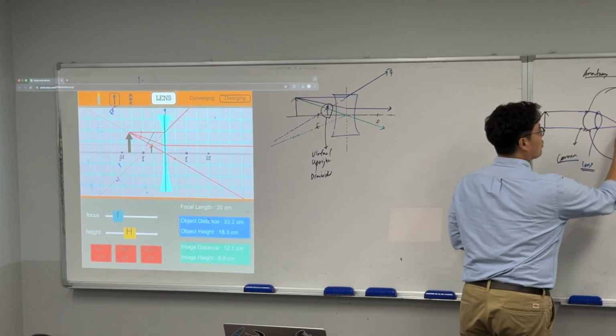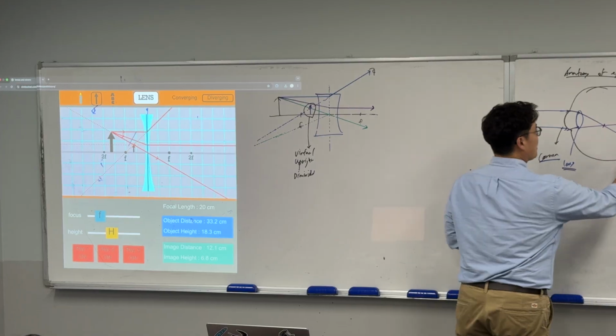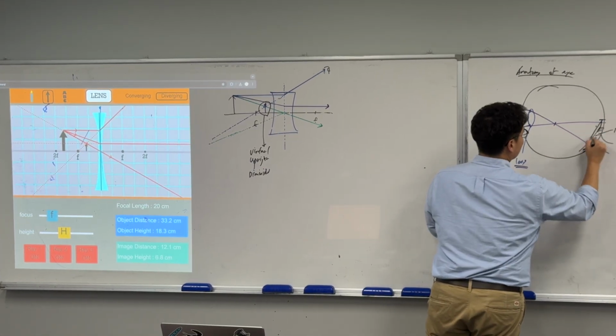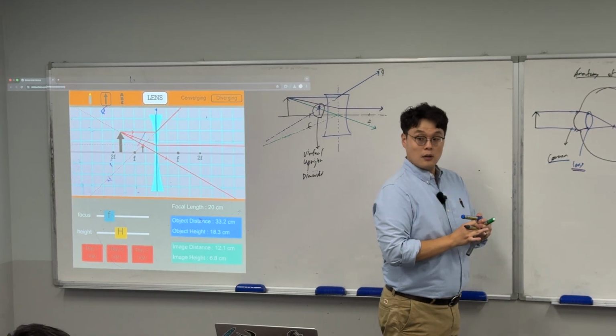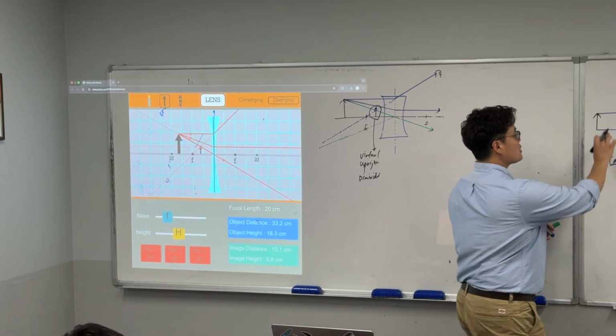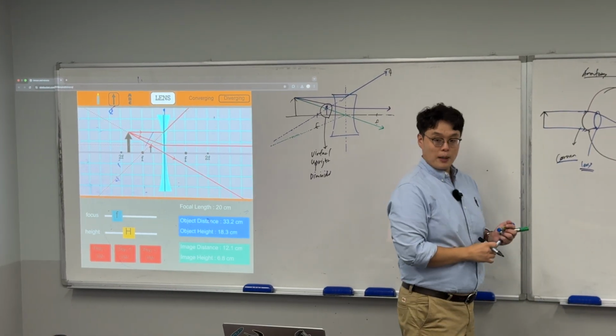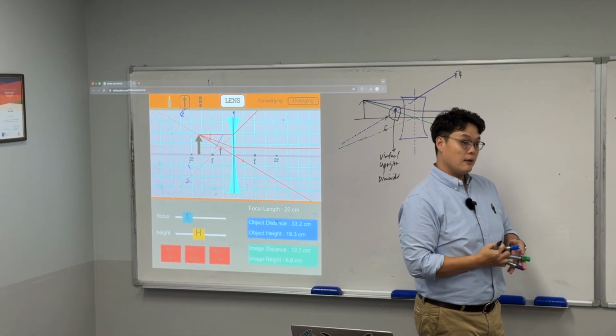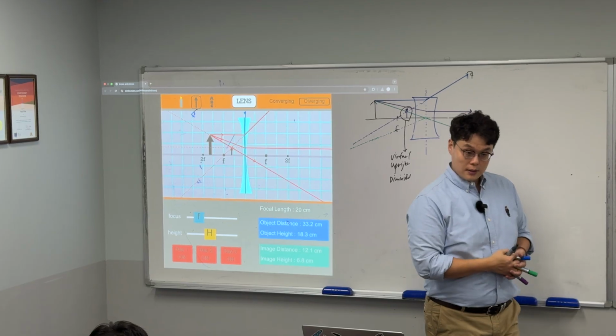As it passes the focal point behind the lens, the image is formed on the retina, this section over here. And when this image hits the right spot on the retina, you're able to see that image clearly, the same size as the hand. All good up to this point?